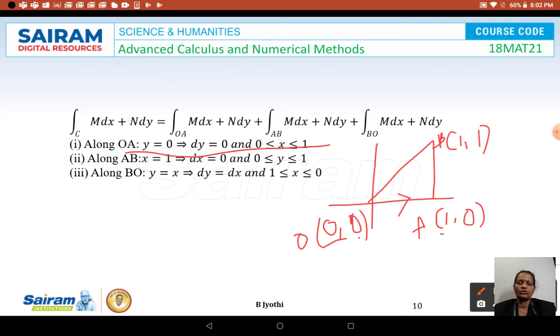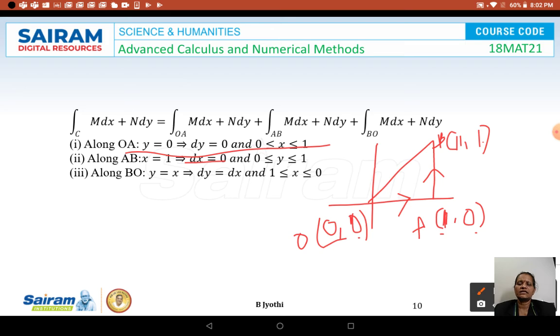Next, when y is 0, dy will be obviously 0. Next, x here is fixed, 1, 1 and y is varying from 0 to 1 when you are moving along AB. Therefore, we can say dx will be equal to 0 and y is varying from 0 to 1.